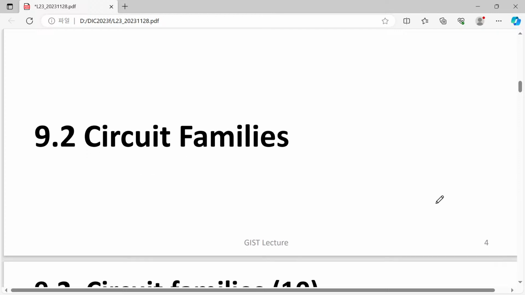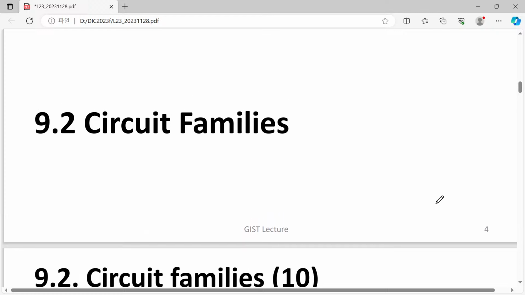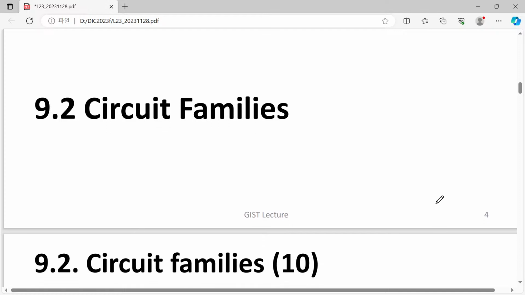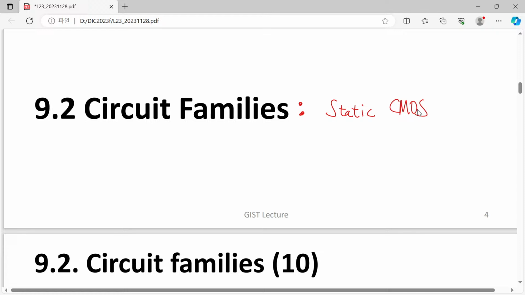In this section on circuit families, today we will continue the discussion about other circuit families, the non-static CMOS ones. But before starting today's lecture, I wanted to stress that static CMOS should be the choice for your circuit family.